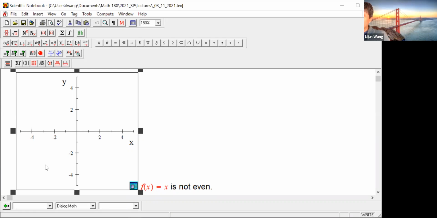This is analyzing the words, deriving its implication, reflecting on the examples. A skill that is very much required, heavily required of your study in calculus.